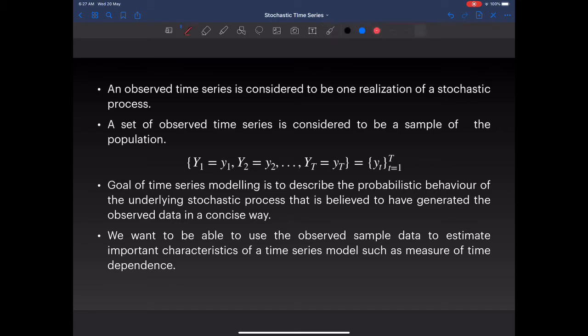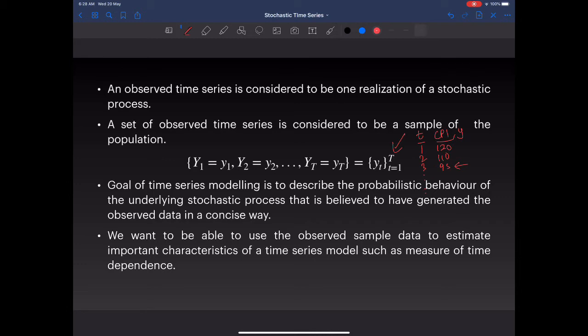Suppose that this is our observation. As an example, we have t at 1, 2, 3 and so on, and we want to measure, for example, the consumer price index at t1, t2 and t3. So we have the values here. Now suppose that we take this CPI as y.